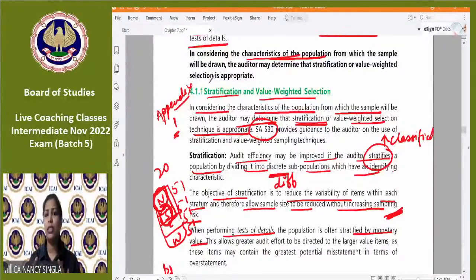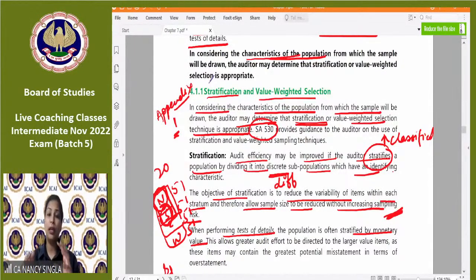In stratification, what the auditor does is he divides and classifies the entire population into subpopulations. A subpopulation is known as what? Stratum. And then he draws a sample from each stratum. What is the benefit of stratification?